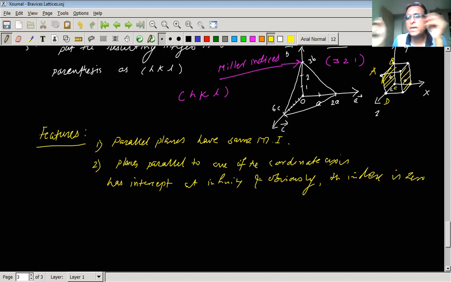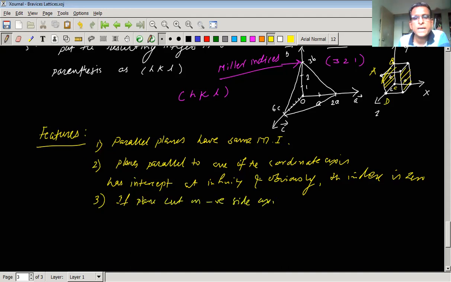Another possibility is that if a plane cuts the negative side of an axis, then the corresponding index is written by putting a bar on that index.